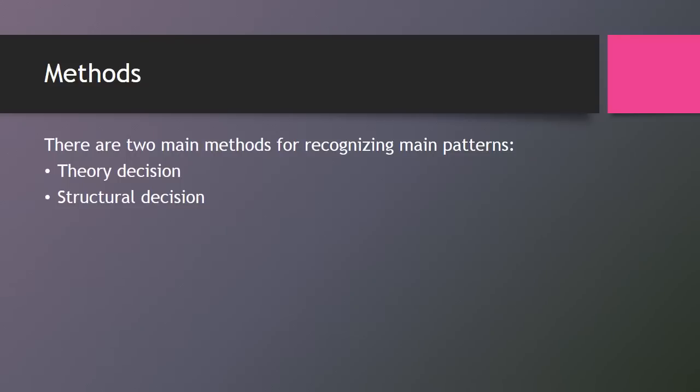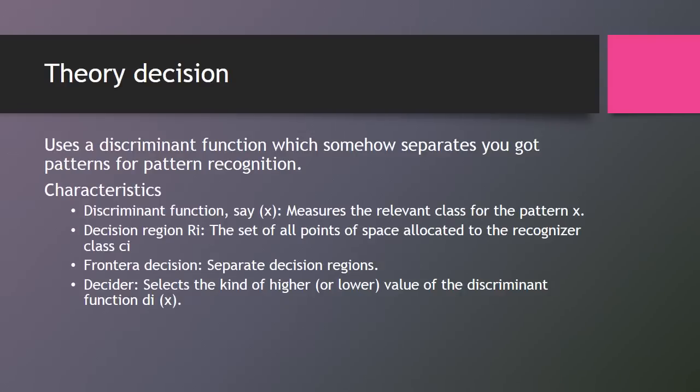There are two main methods for recognizing patterns: the decision-theoretic and the structural. The decision-theoretic method uses a discriminant function which somehow separates patterns.